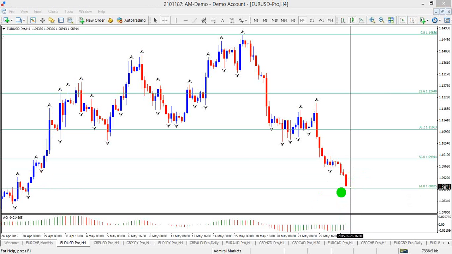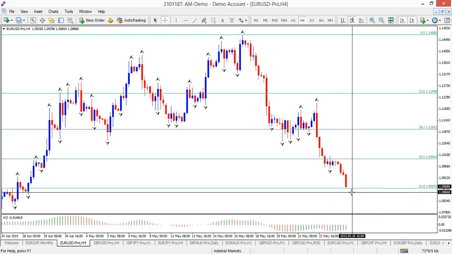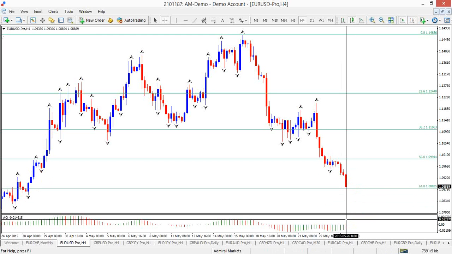If price actually goes here and goes sideways and then starts to break below that triangle, it could be shorting territory.